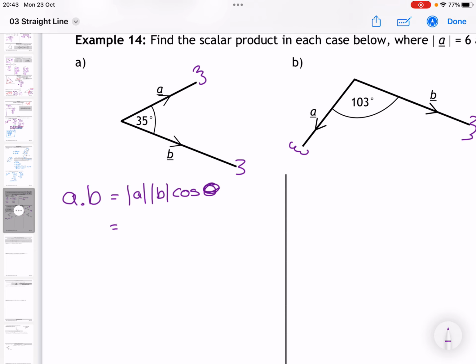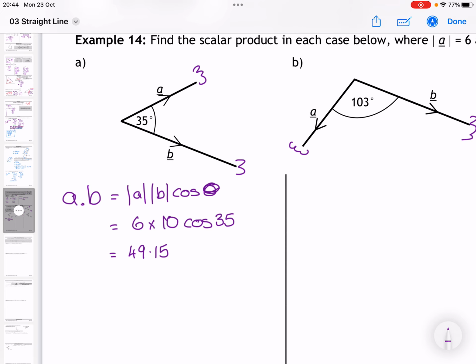So my magnitude of a was 6, times my magnitude of b, which was 10, times cos of 35. Now, please make sure your calculator is in degrees when you're doing this. You type it in and it gives you 49.15.